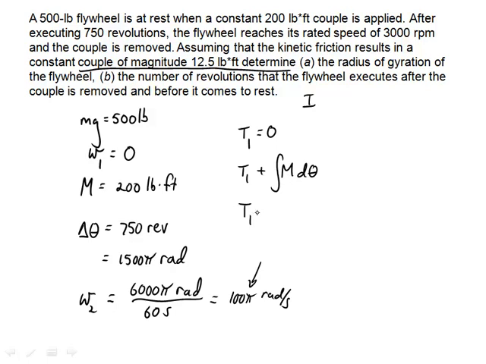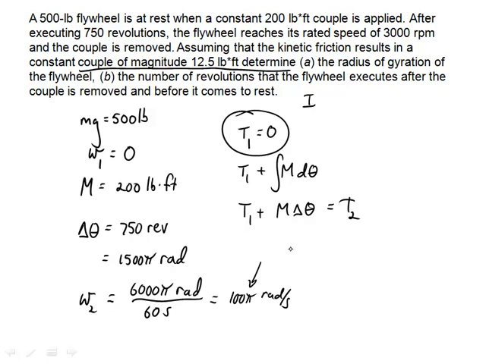So this will just be T1 plus the moment times delta theta, and that's going to equal the final kinetic energy. I'll do this until the very end of its rotation, and then I'll do this all again during the slowdown process. So I'll apply this formula for the speed up process, and then I'll apply it again for the slowdown process. So the initial kinetic energy is 0. It's all rotational. There's no translation here.